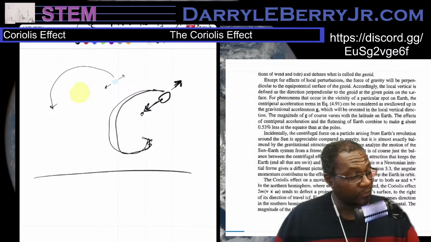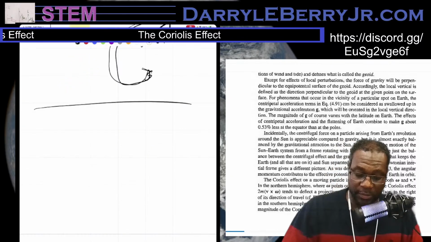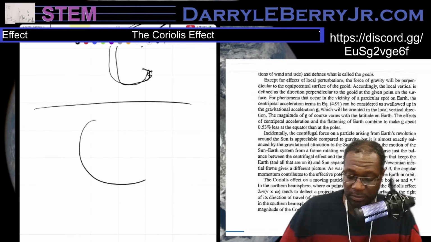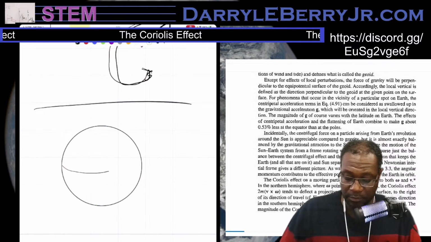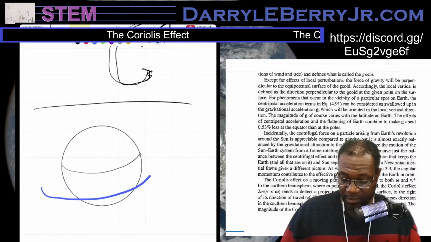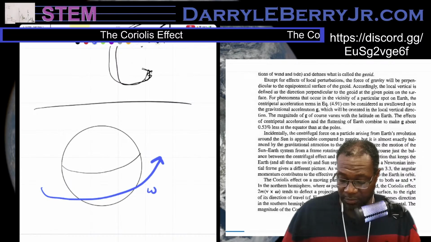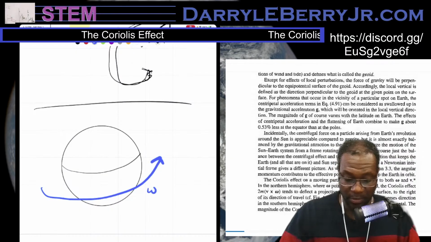The Coriolis effect on a moving particle is perpendicular to both omega and v. So just think about that. So we have the Earth. We have velocity going this way. This is omega. Perpendicular to both.